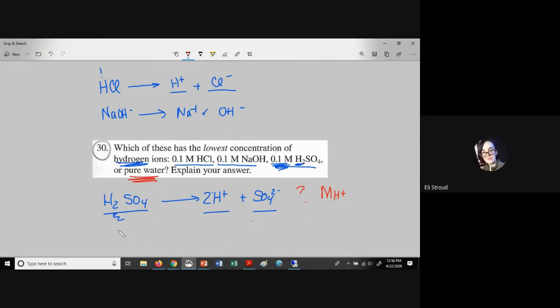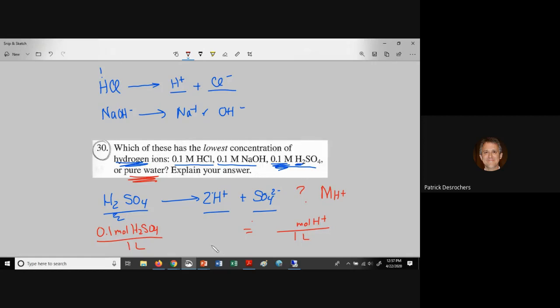This guy is 0.1 moles of this guy in 1 liter, right? And I want this guy. That's going to be the moles of H plus in 1 liter, right?